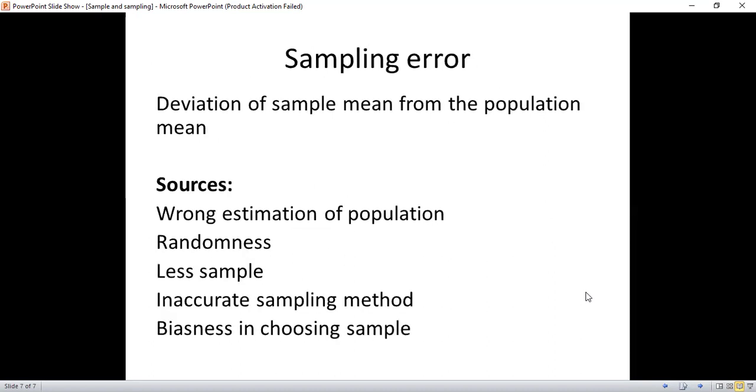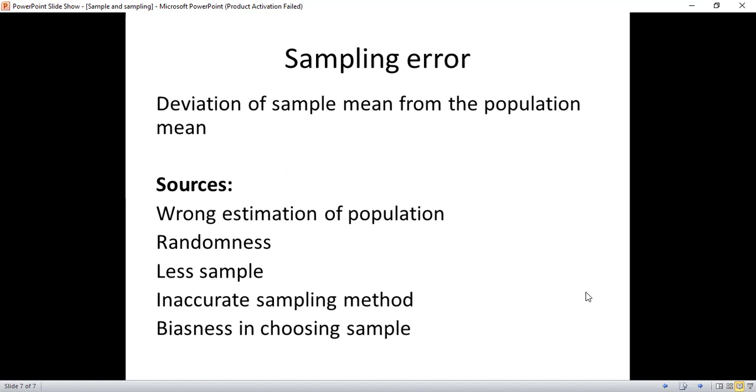If there is sampling biasness in one form or the other, then we may end up having a sampling error, which is deviation of the sample mean, which is an important parameter of a particular data set to process it further or even to describe it. We may end up getting a sample mean that is very much deviated or very much different from the population mean. Sources of sampling error might be in not properly estimating the population.